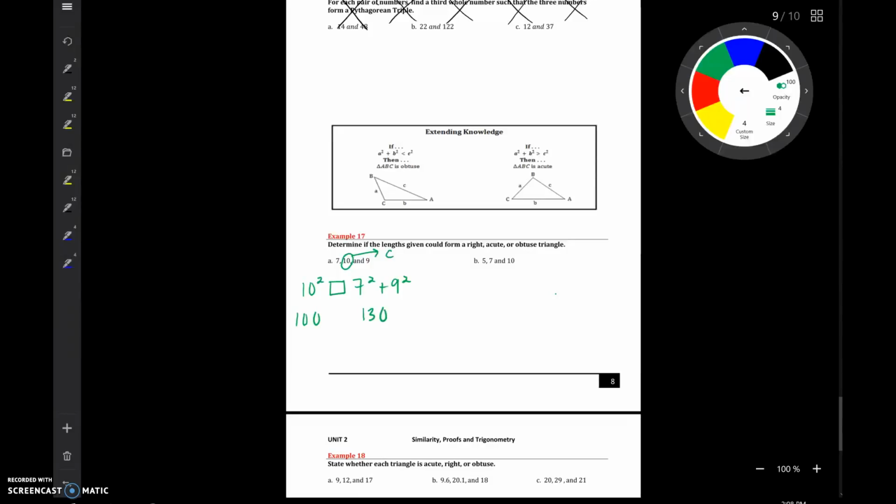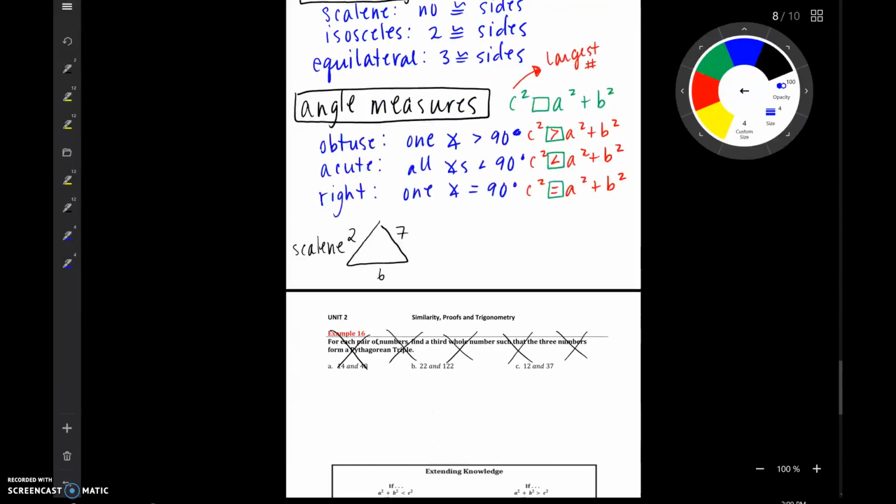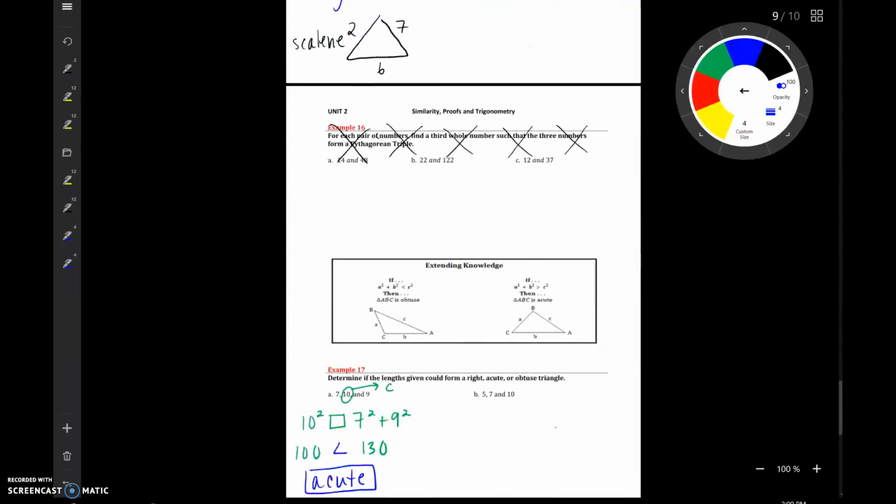You get 130. Since 100 is less than 130, we would classify this triangle as acute. Where does that come from? It comes from this relationship here. If C squared is less than the values of A squared plus B squared, the triangle is an acute triangle.